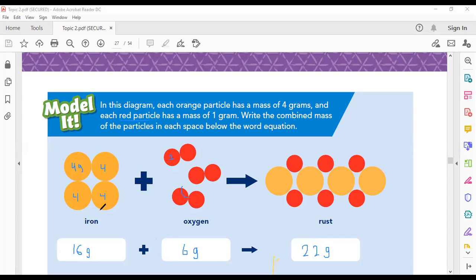Is this process a chemical change or a physical change? It's a chemical change, because two substances combine with each other to form one new substance.